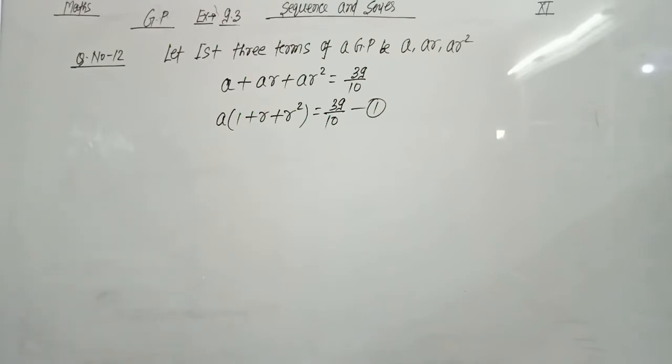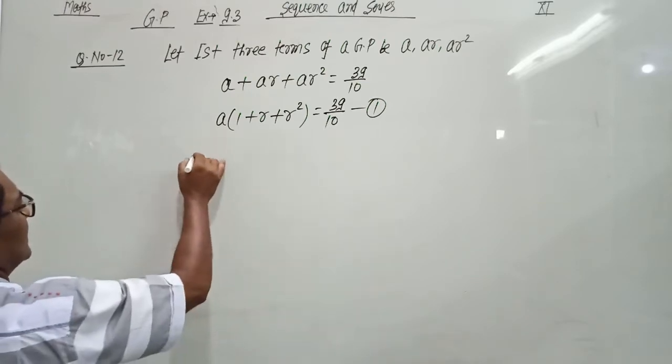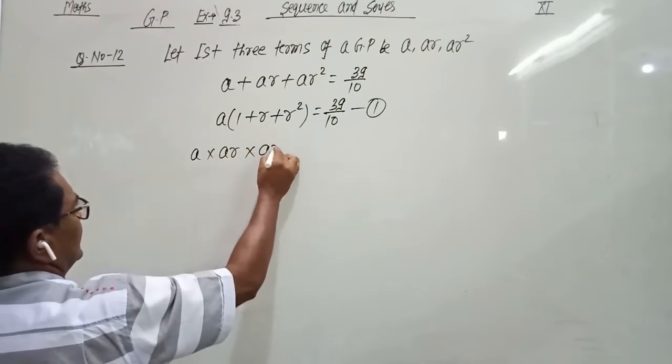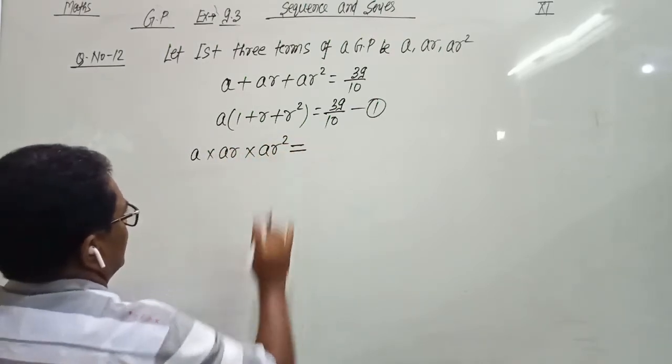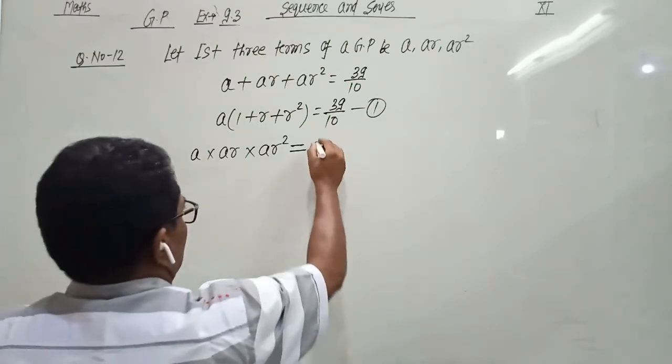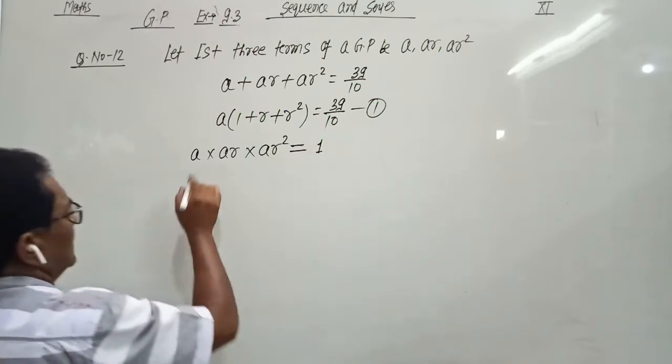Now the second condition is that their product is 1. The product of the first three terms means A into AR into AR square equals 1.